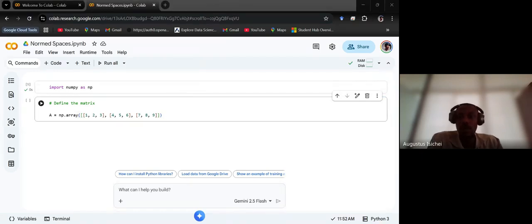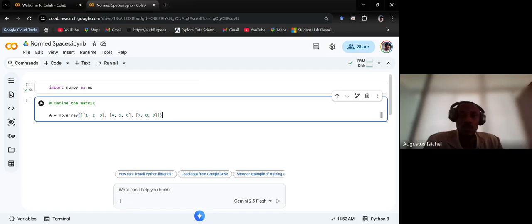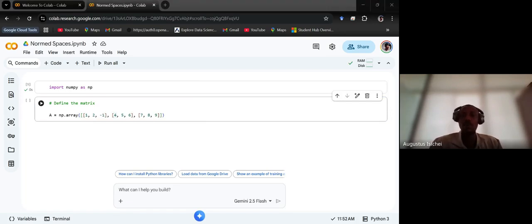Please, someone should unmute their mic and tell me the matrix row-wise. What's the first row? The first row has 1, 2, and -1. Yes, the next row. Please help me very fast. There's no time again. What is the second row?